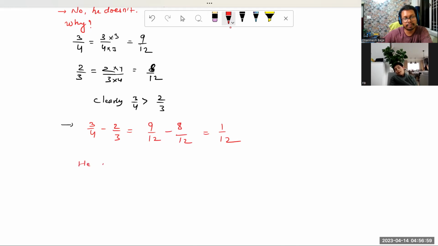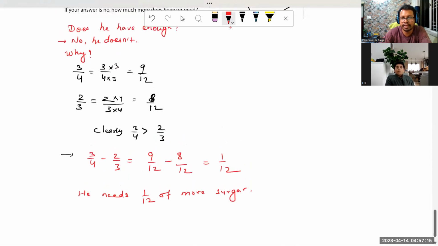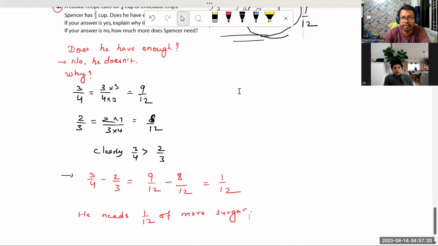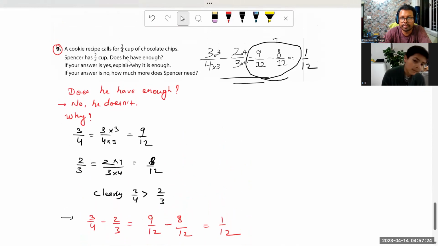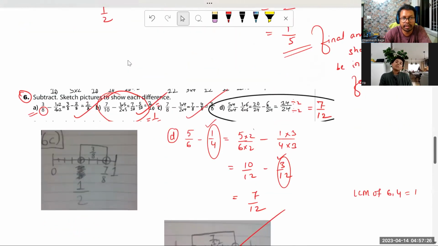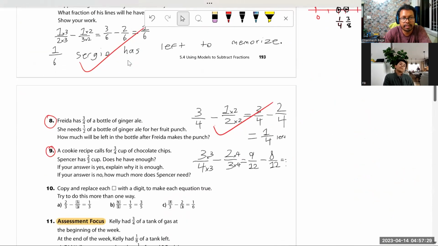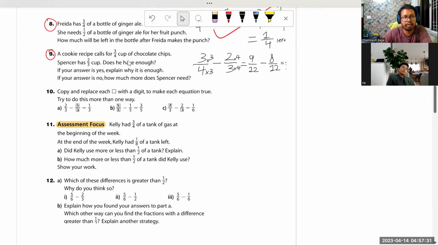He needs 1/12 cup more. That's it. You have to write the answers in exactly this manner so that evaluator will understand that yes, you understood the problem and are able to answer these word problems. Right? Wordplay is very, very important. Let's talk about the next question.